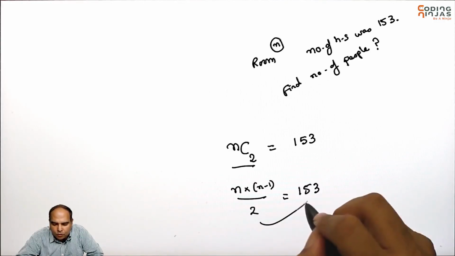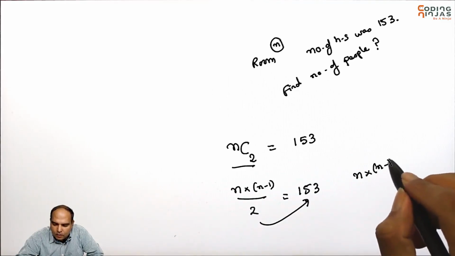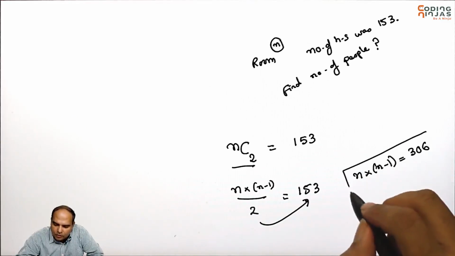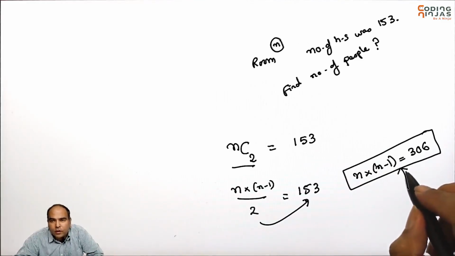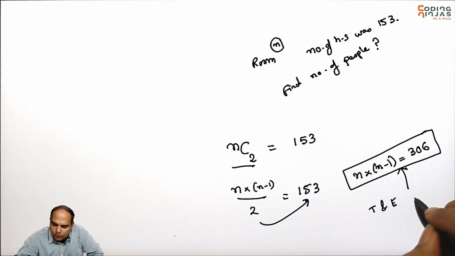If you take the 2 to this side, you'll get n into n minus 1 equals 306. To solve this, there's no need to go to the quadratic equation. You can do a trial and error and look at the unit digit of the answer.